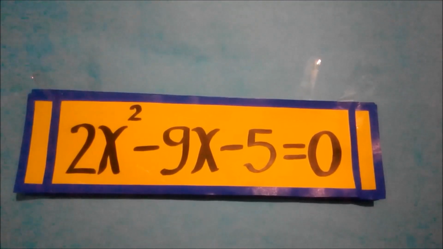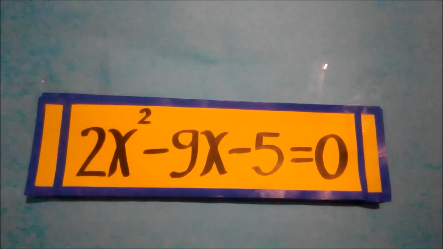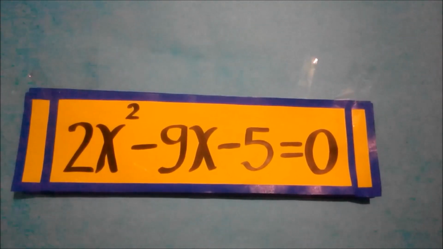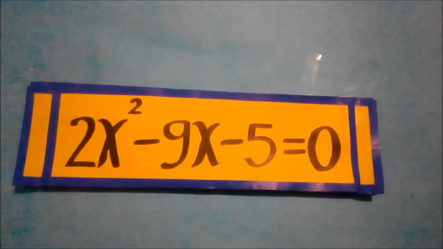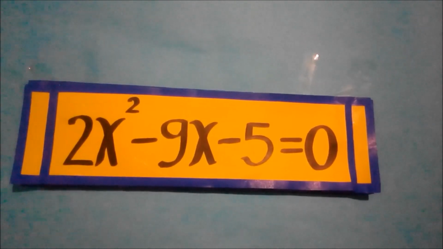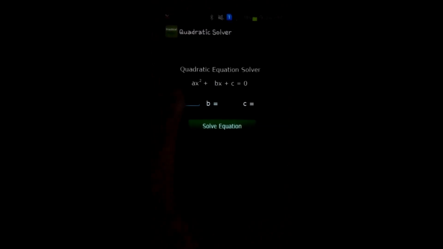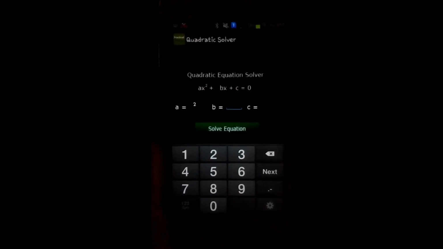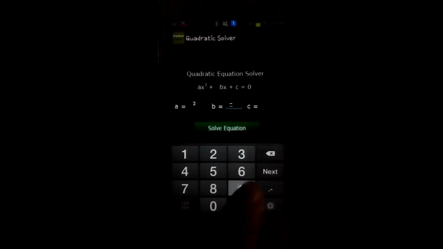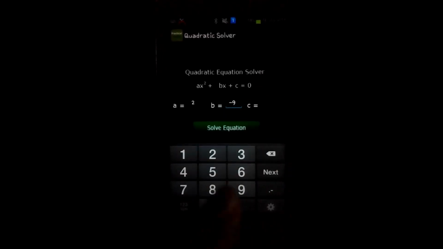And the last equation that we had solved was 2x squared minus 9x minus 5 is equal to 0. The values of x that we've got were 5 and negative 0.5. From this equation, just input the values of a, b, and c, which are 2, negative 9, and negative 5.